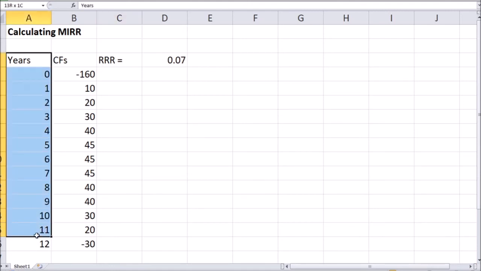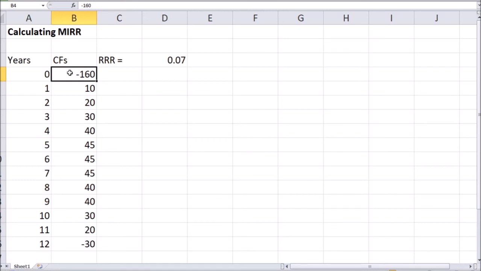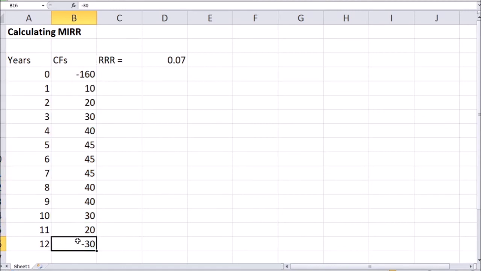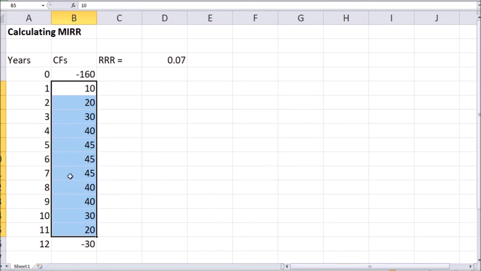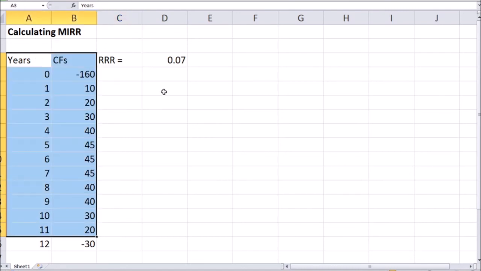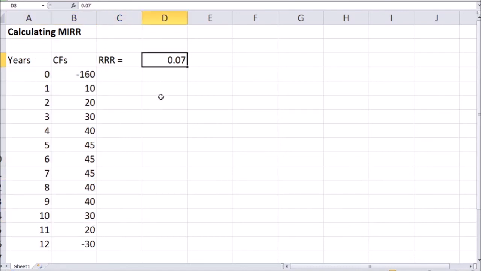Let's say we have this 12-year project starting with the original investment of 160, say, million, and perhaps this project has cleanup costs at the end of 30 million, and here are some numbers for the cash flow the project generates. The project is, of course, risky. Any investment is risky, so the required rate of return, reflecting the level of risk of this particular project, is, let's say, 7%.